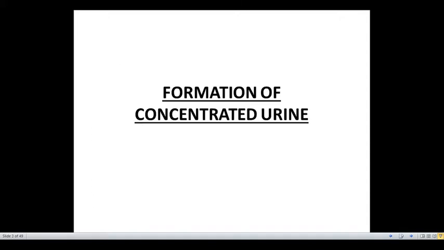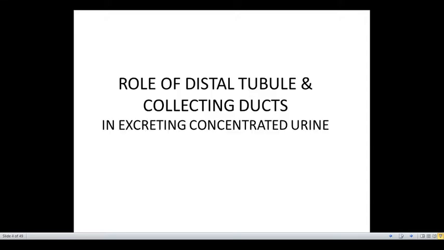So we continue with the topic of formation of concentrated urine. Let's now study the role of distal tubule and collecting ducts in excreting concentrated urine.